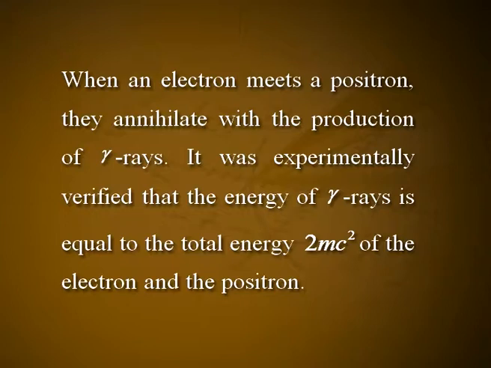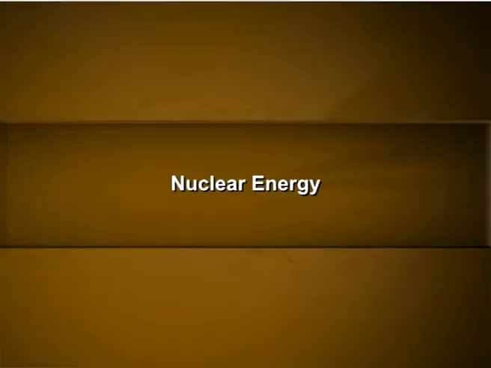It was experimentally verified that the energy of gamma rays is equal to the total energy 2mc² of the electron and the positron. The reverse reaction, pair production, also supports Einstein's mass energy equivalence. In pair production, whenever a gamma ray photon disappears, it appears in the form of a positron and an electron.